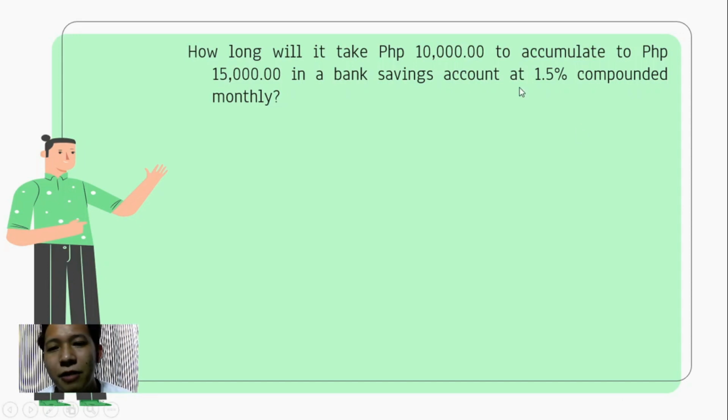Suppose we have this problem. How long will it take 10,000 pesos to accumulate to 15,000 pesos in a bank savings account at 1.5% compounded monthly? Okay? So isa-isahin po natin yung given. Sabi dito, ang tinatanong dito is how long will it take? So we are pertaining to time.